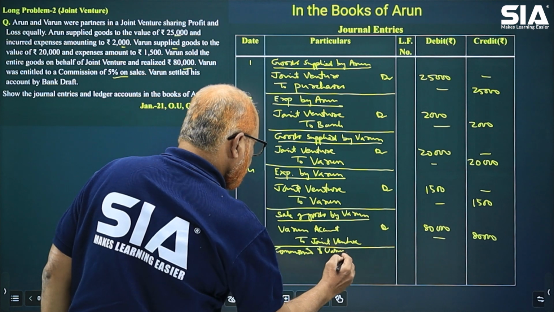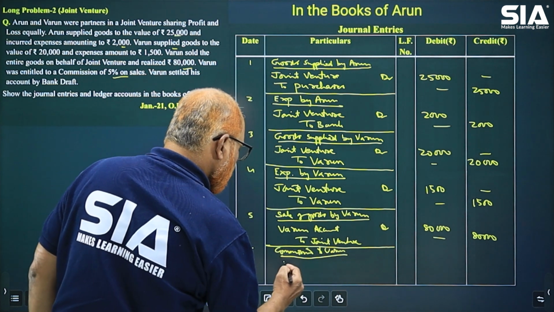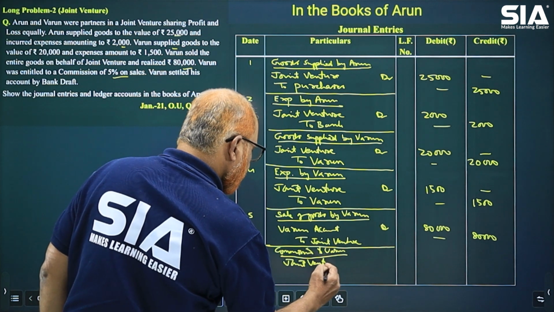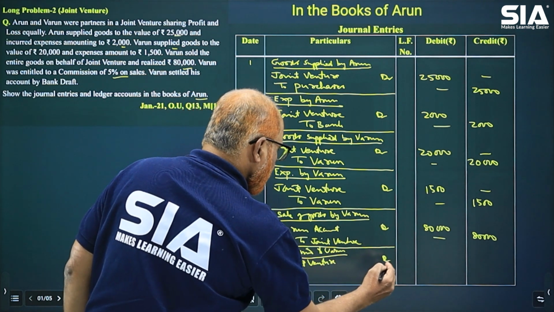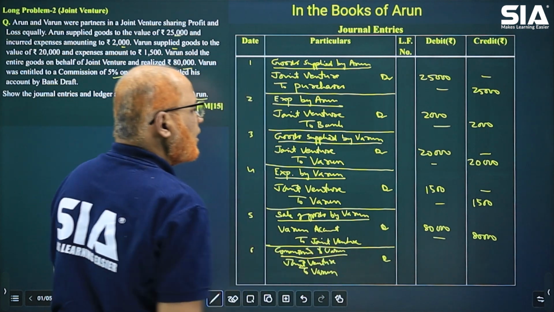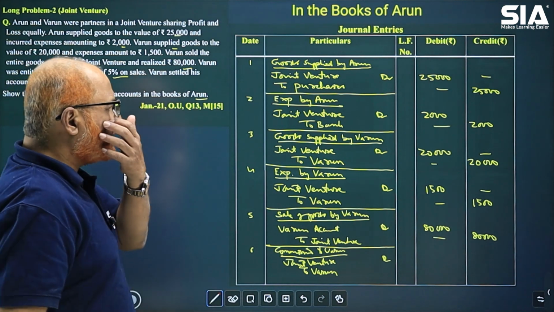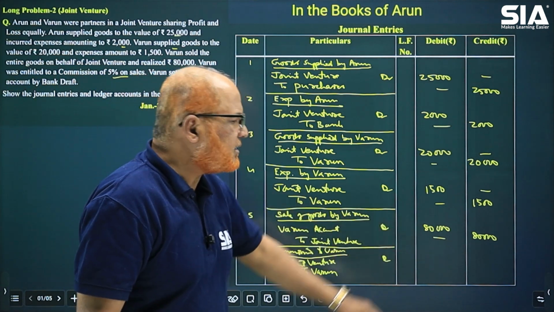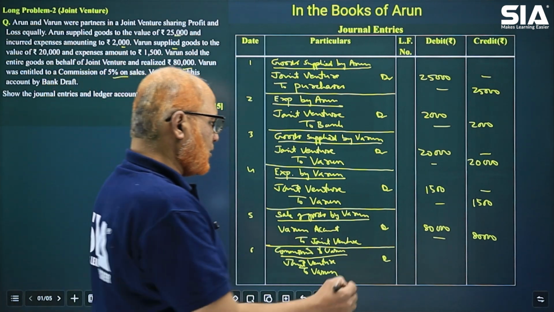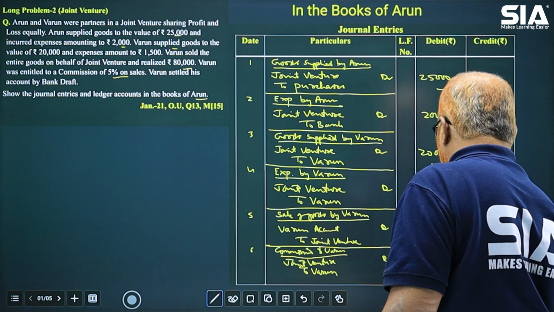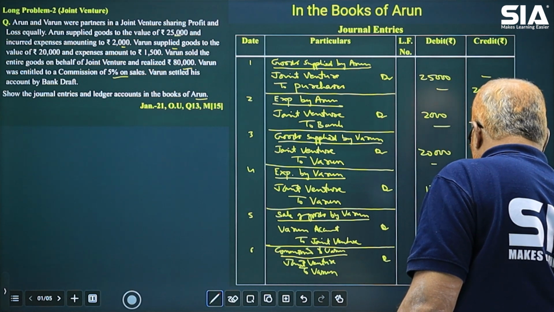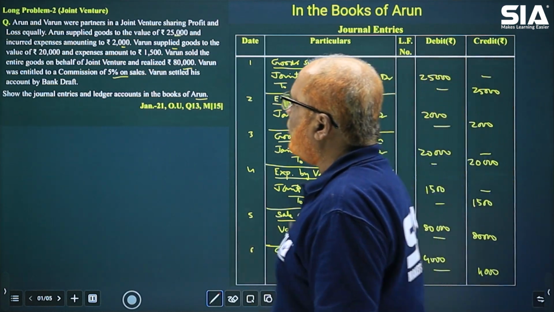How much is the commission? 5% on sales; sales are 80,000. It comes to 4,000. So 4,000 is the commission payable to Varun.